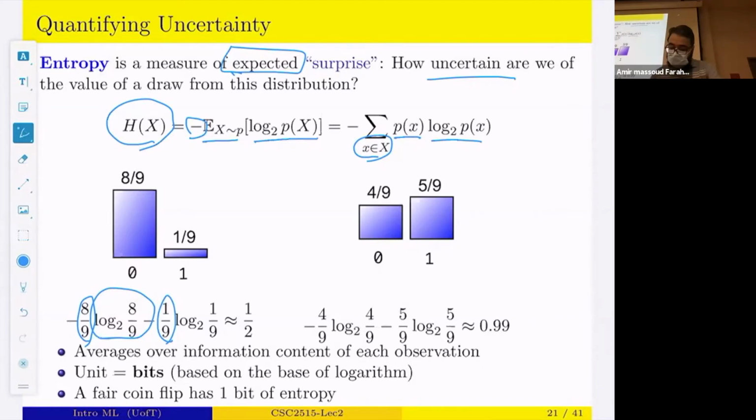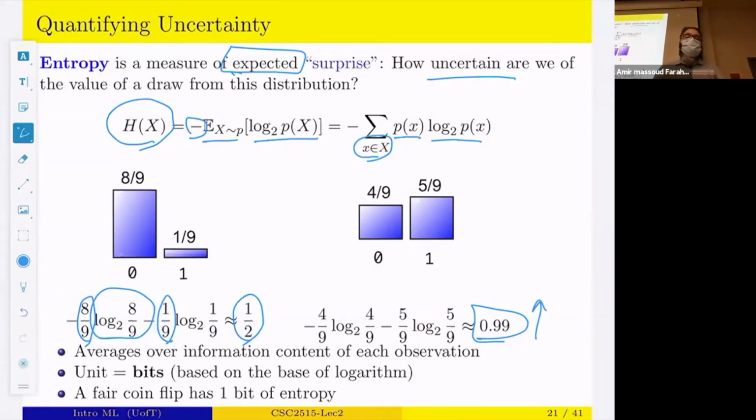This gives an entropy value of about half. If we do the calculation for the other one, we get 0.99. So this value is larger, and basically it's saying that we are more uncertain about this random variable.